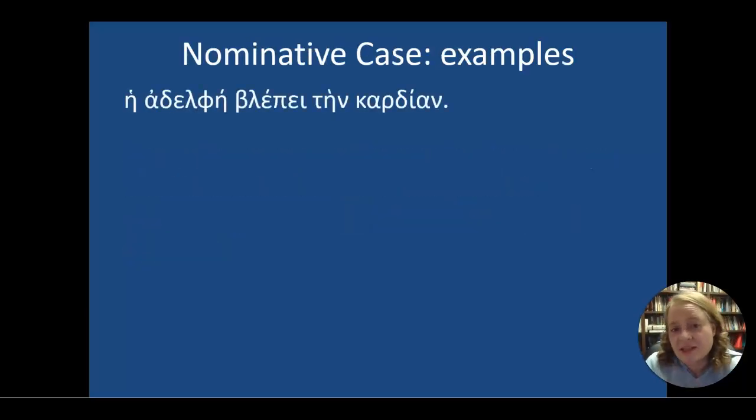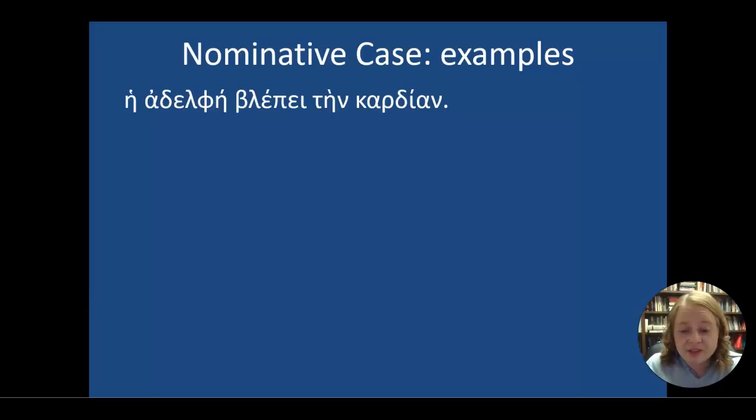Here is an example that I've already used in a previous video, but I wanted to review it again. This sentence reads like this in Greek: He adelphe, blepe, tain kardion. Blepe is your verb. He, she, or it sees. And then we're looking for something that's doing the seeing. In this case, it's he adelphe, which is a vocabulary word that you have that means sister.